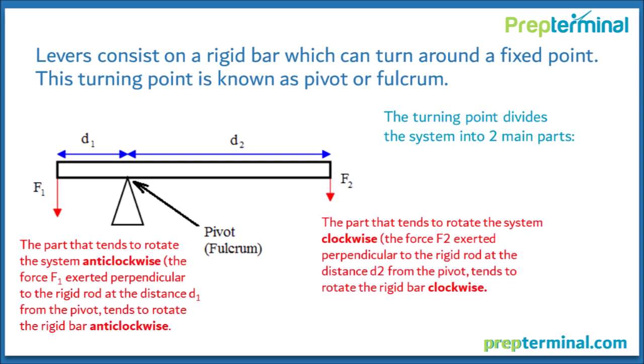The part that tends to rotate the system clockwise: in the figure, the force F2 exerted perpendicular to the rigid rod at the distance d2 from the pivot tends to rotate the rigid bar clockwise.